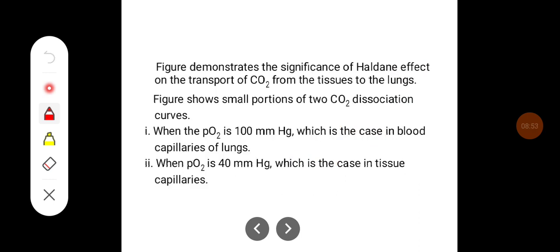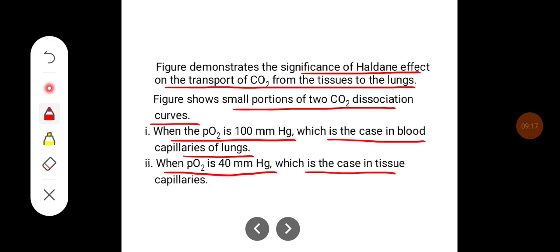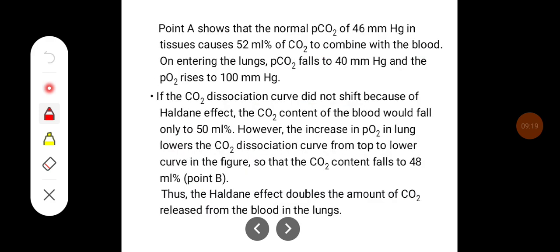So the figure demonstrates the significance of the Haldane effect on the transport of carbon dioxide from tissues to the lungs. This shows a small portion of two carbon dioxide dissociation curves when PO2 is 100 mmHg, which is the case in the blood capillaries of the lungs, and PO2 is 40 mmHg, which is the case in tissue capillaries.